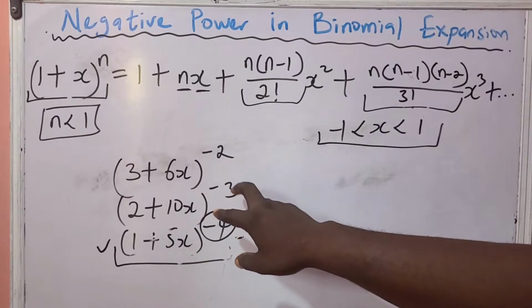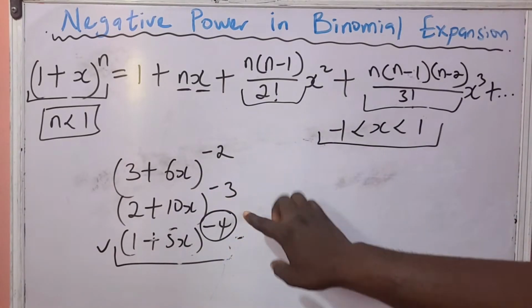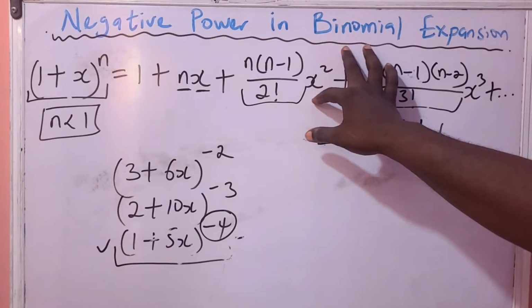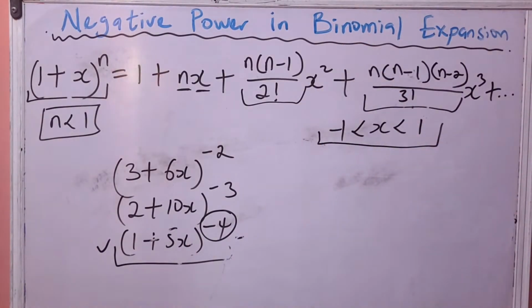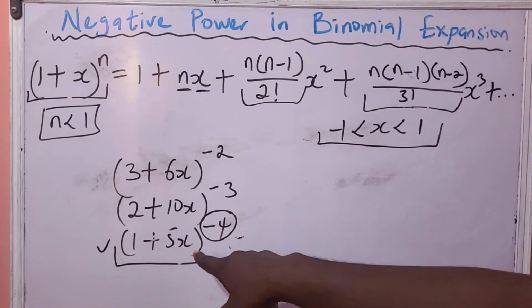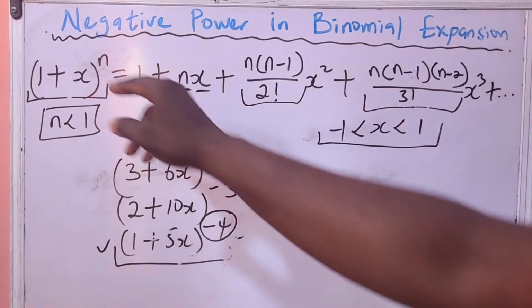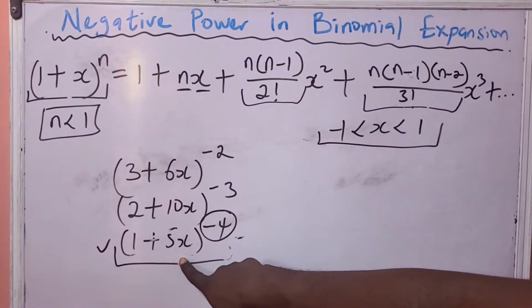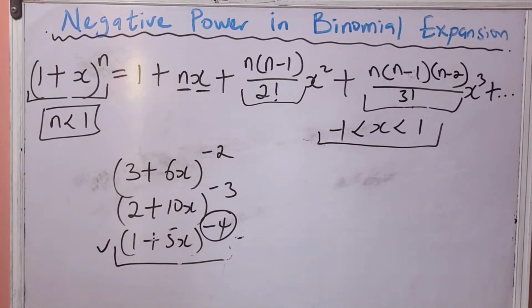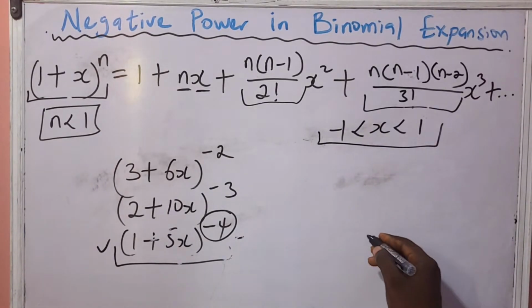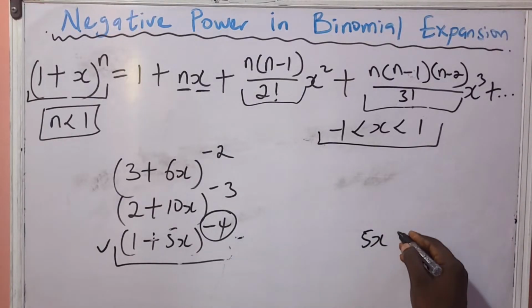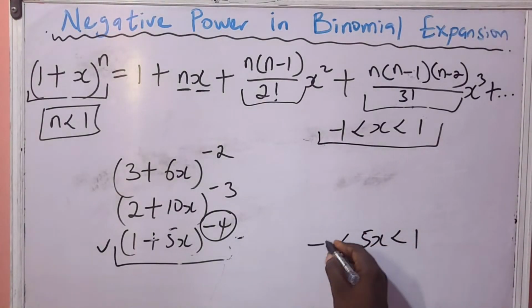So for me to be able to solve this number 1 and number 2, I have to conform number 1 and number 2 to look like this. That's the next piece of the puzzle I'll be explaining. But for now, I want to explain how you set the values for x on which your expansion is defined. You see, in this case, we had x. In this case, this is 5x. If I was done solving this expansion, this number 3, what I would have to do to set the values for x would have been, I would say 5x is between 1 and -1.